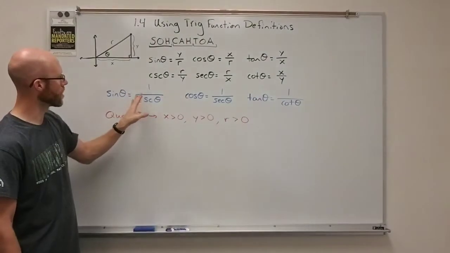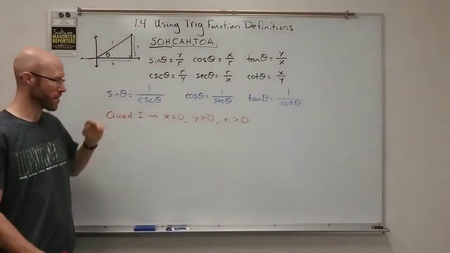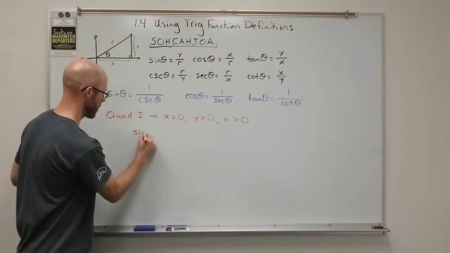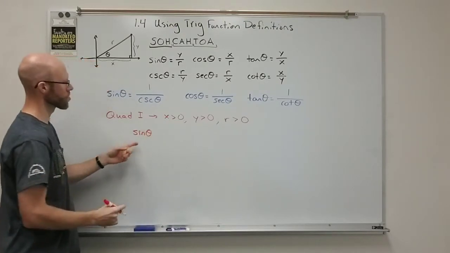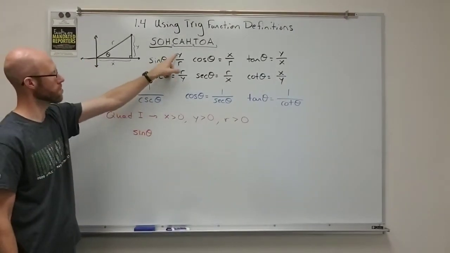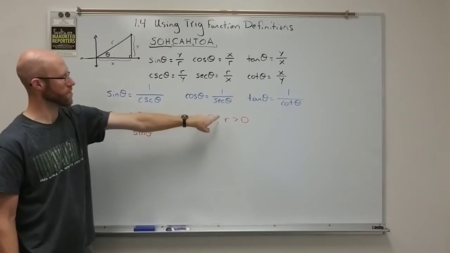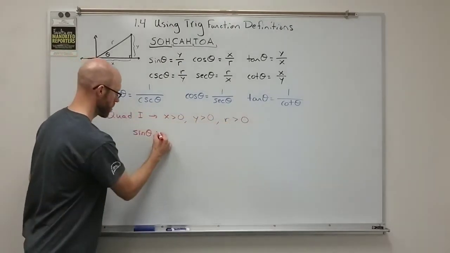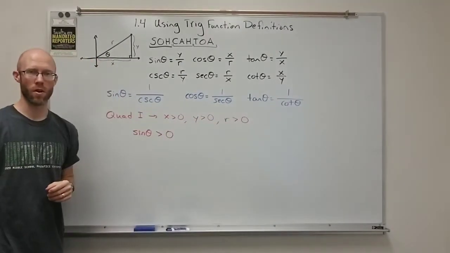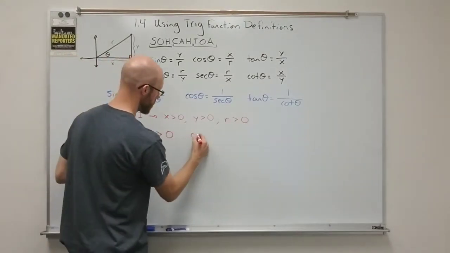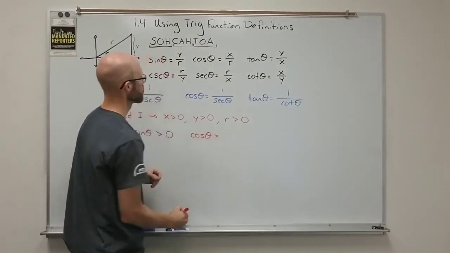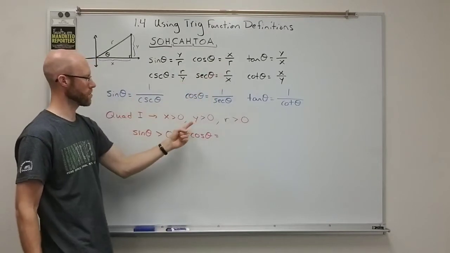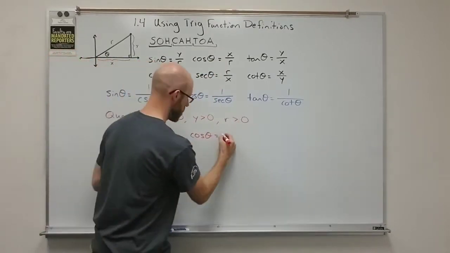So quadrant 1, the sine of theta is going to be a positive number because we've got a positive divided by a positive. Okay, so it's greater than 0. Same with the cosine, because we'll have a positive x and a positive r, right? Both of those are positive.